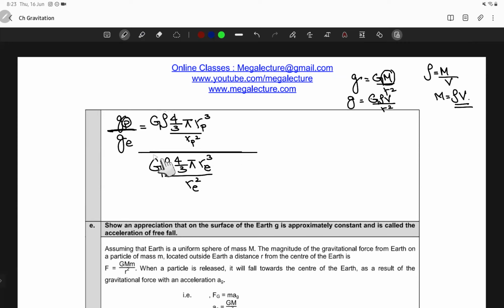So G cancels, rho cancels, 4 by 3 cancels, pi cancels, and you're left with rp over re. But rp is 2 times re, so this cancels and you're left with 2. This means that the acceleration due to gravity on the planet is 2 times the acceleration due to gravity on Earth, which is 2 times 9.81, and you get the answer, which is 19.6 meters per second squared.